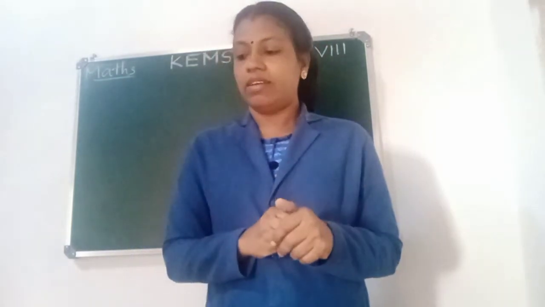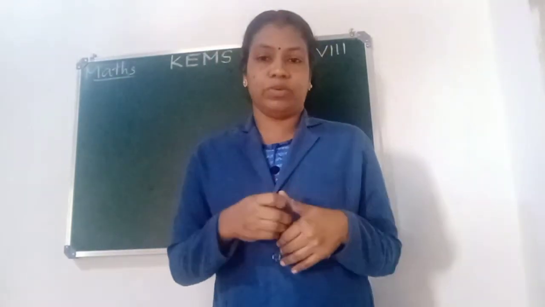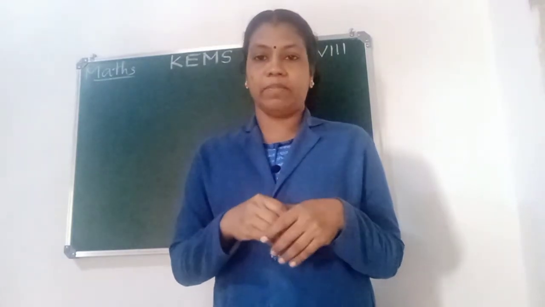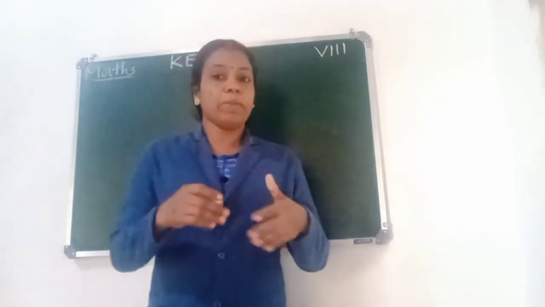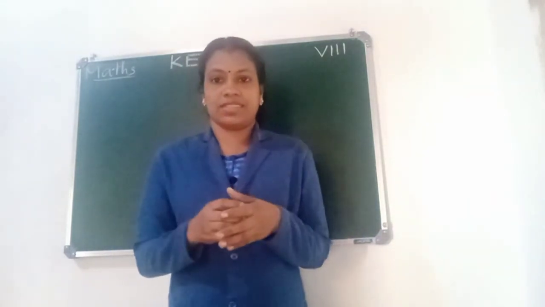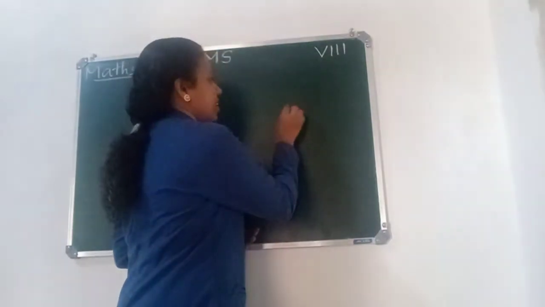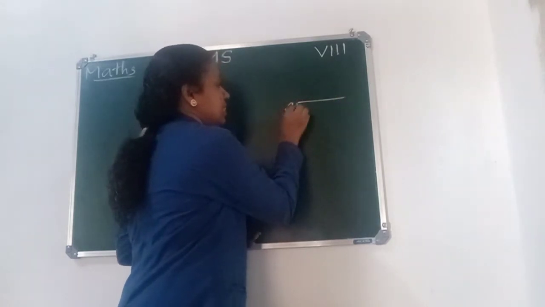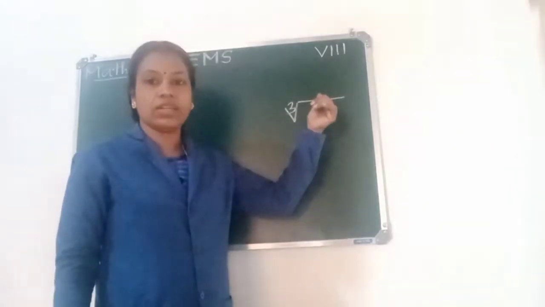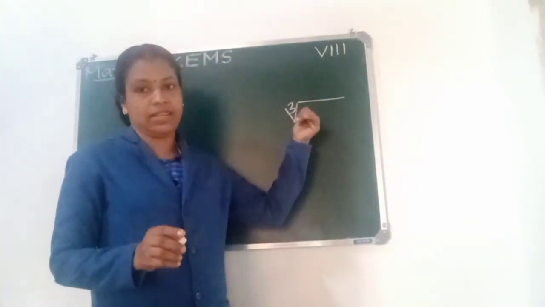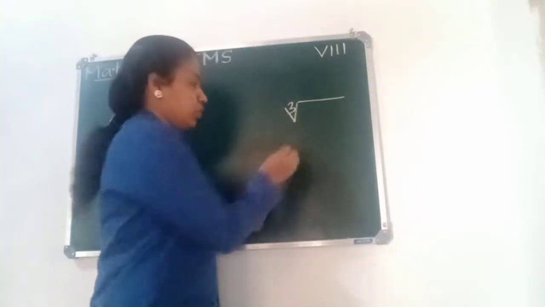First one, to find the cube root of a number. Before that, the symbol for cube root is this. Inside the root, you can write 3. Then read it as cube root.